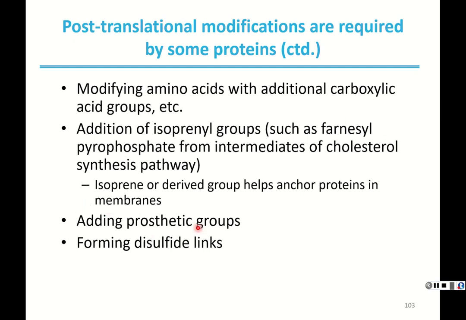Okay. Certain prosthetic groups can be added, things like iron-sulfur clusters, and then you can also form specific disulfide links. And if you have to form a complex between two separate proteins, disulfide links between them can help form an active complex.